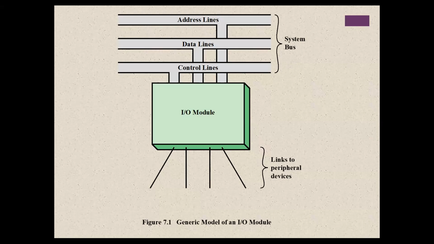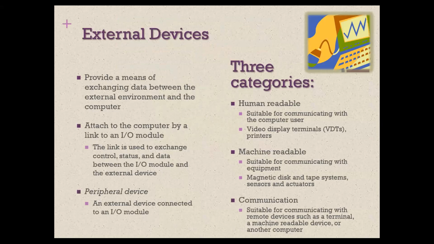So we proceed by looking at the external devices. The I/O operations are basically accomplished through a wide assortment of external devices that provide a means of exchanging data between the external environment and the computer. An external device attaches to the computer by a link to an I/O module, which as you saw in figure 7.1 previously.